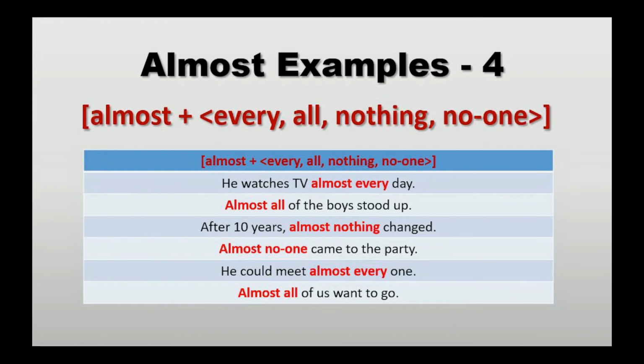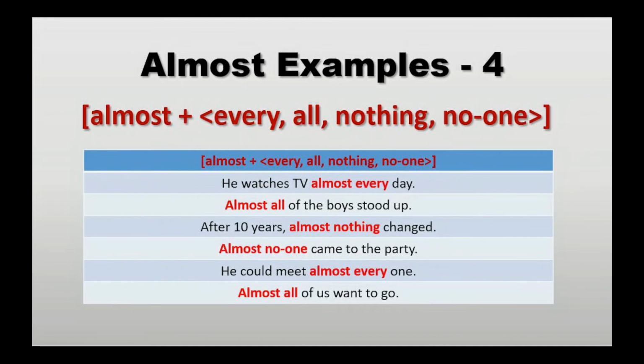Almost no one came to the party. All right, more quickly. Almost no one came to the party. Okay, the next sentence, slowly. He could meet almost everyone. A little bit more quickly. He could meet almost everyone.